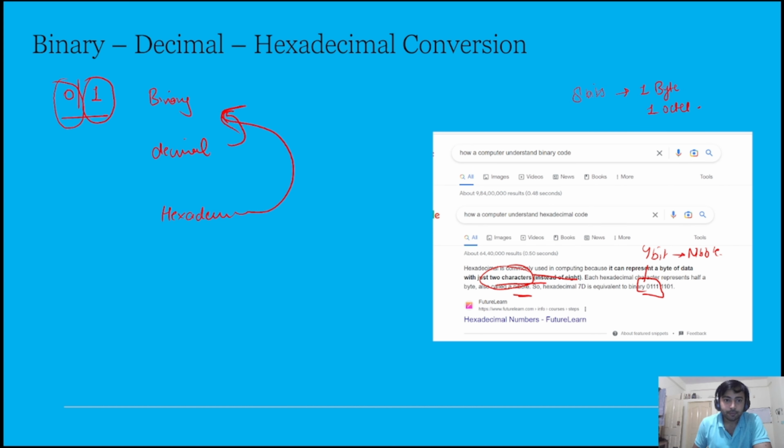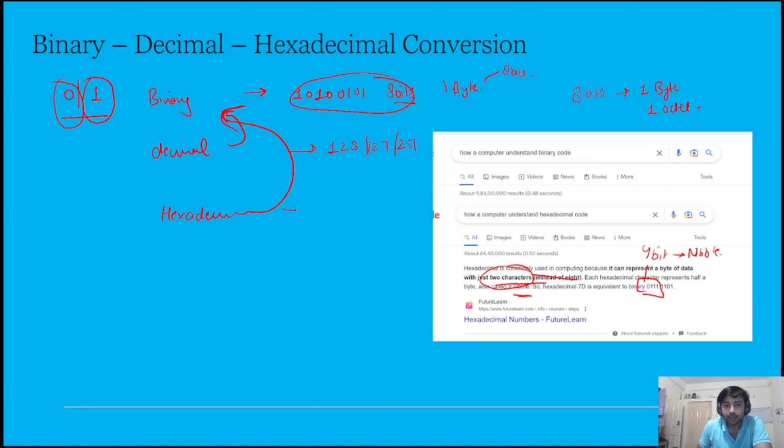So what are the examples of binary? It is 1010 0101. So it's 8 bits of binary, and collectively it's called 1 byte because it has 8 bits. A decimal is just a normal number: 128, 127, 251.